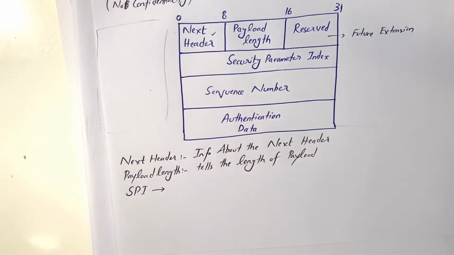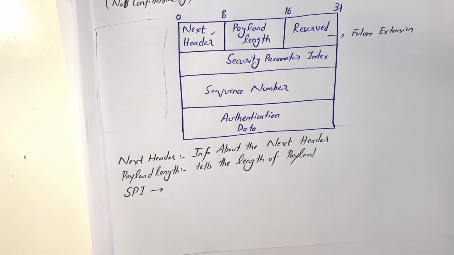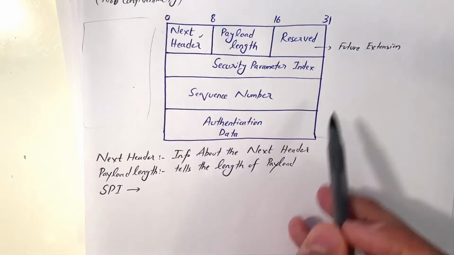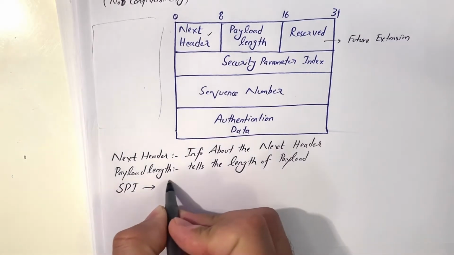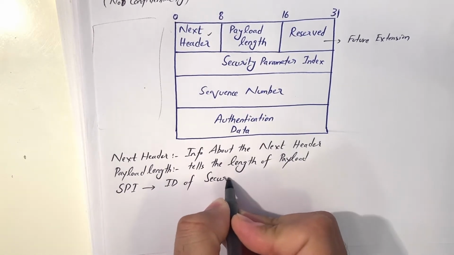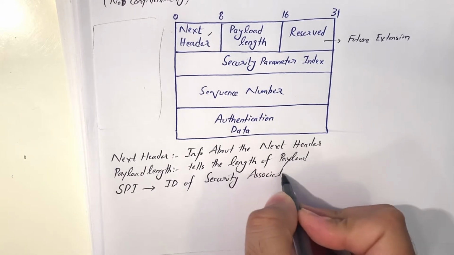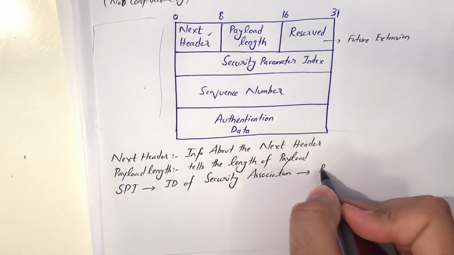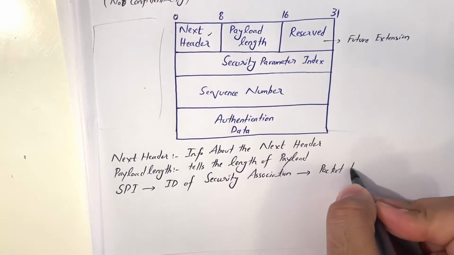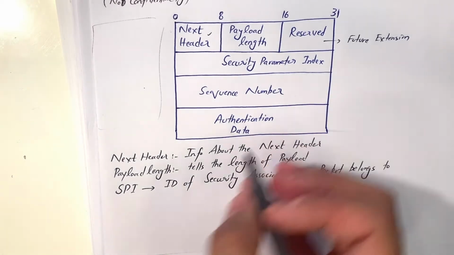If you remember, it's the ID of the security association to which this specific packet belongs. Next is the sequence number.